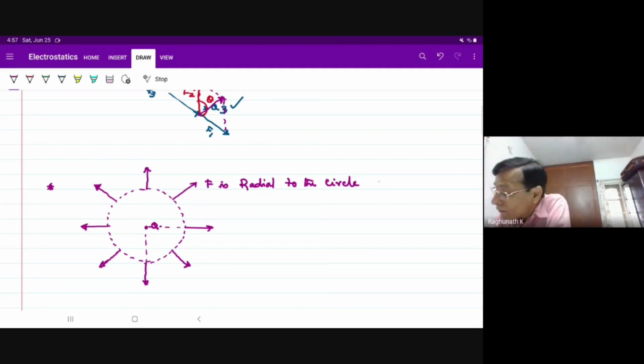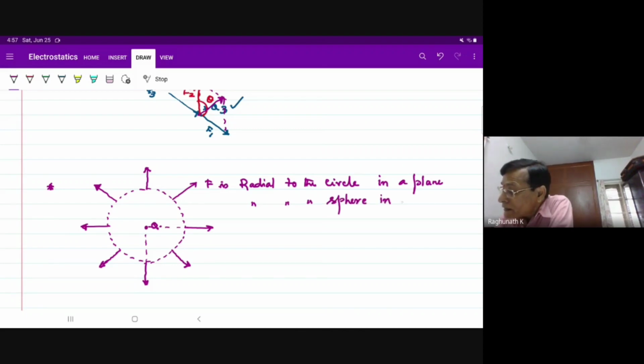In a plane it is radial to the circle, and in space it is radial to the sphere. At the center, you have the charge. Please try to understand that.